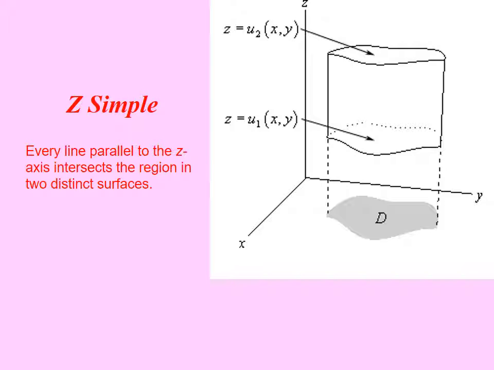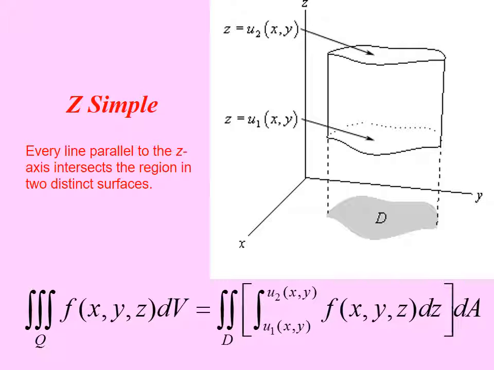In this example, you can see that any line drawn parallel to the z-axis that's passing through that region is going to go from one surface described as u1(x, y) to the other surface described as u2(x, y).